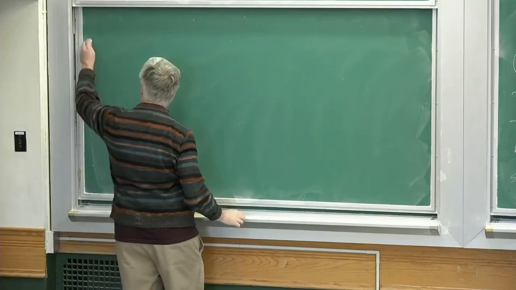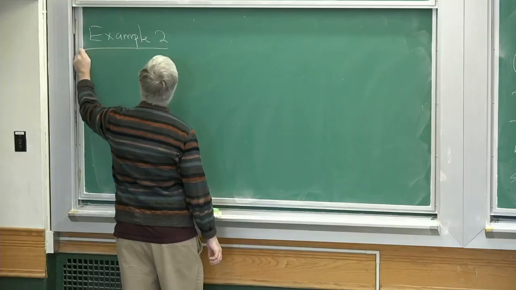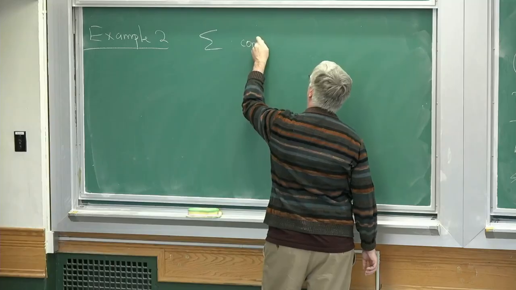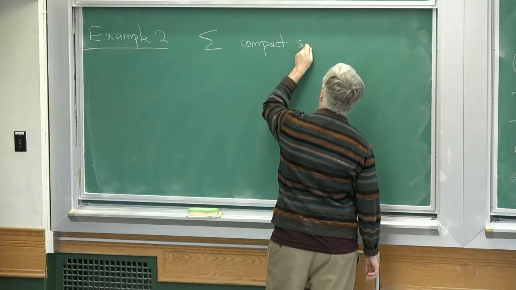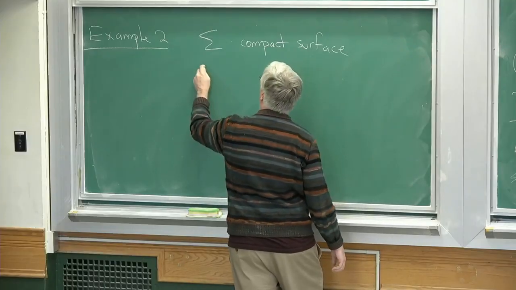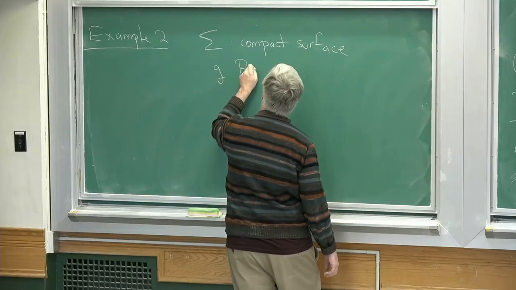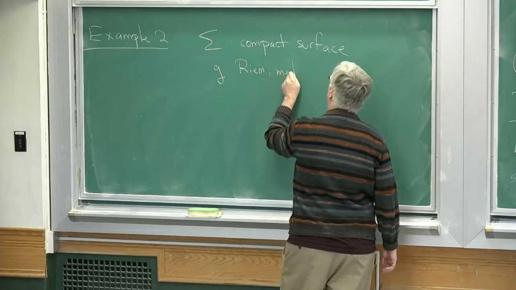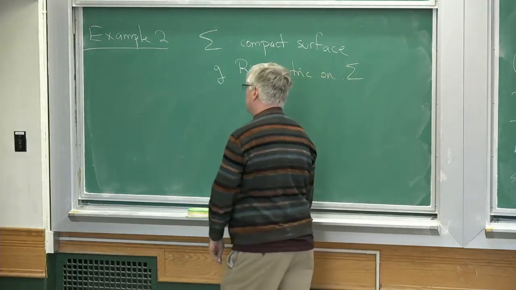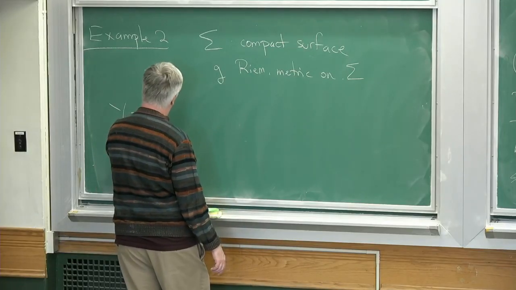The second basic example: suppose that Sigma is a compact surface and g is a Riemannian metric on Sigma, and Y is the set of unit cotangent vectors.